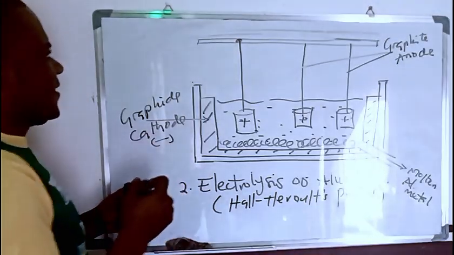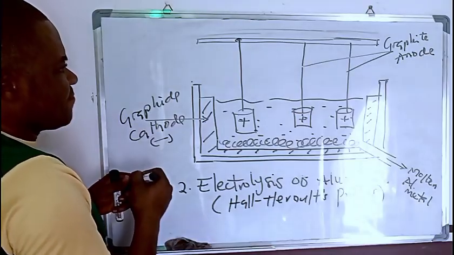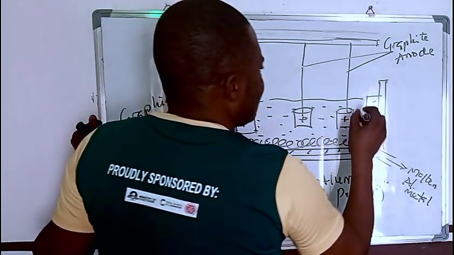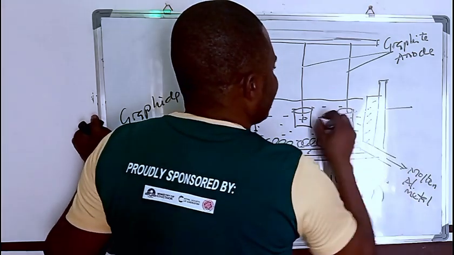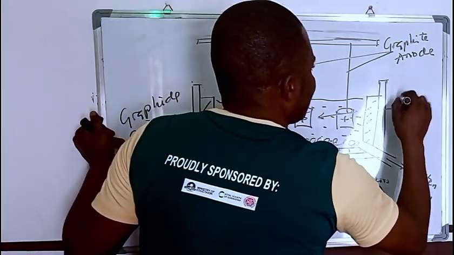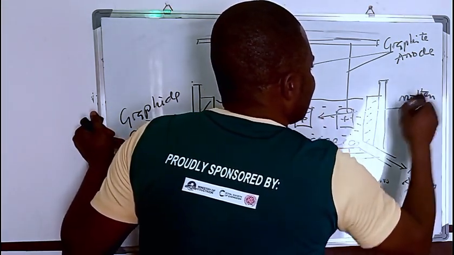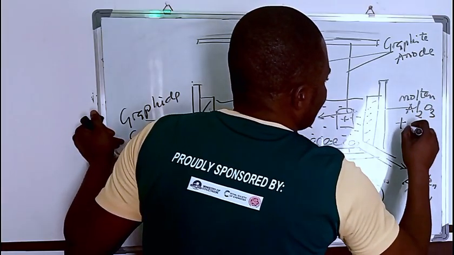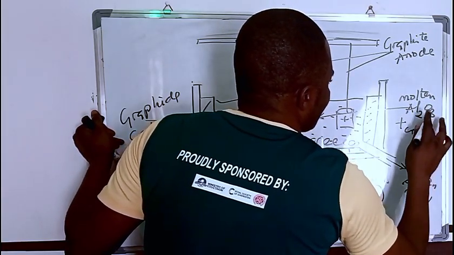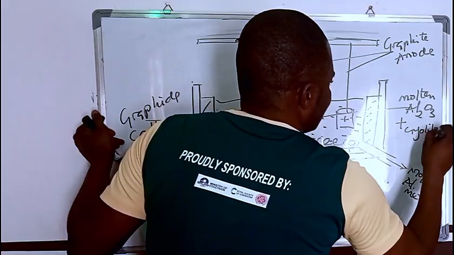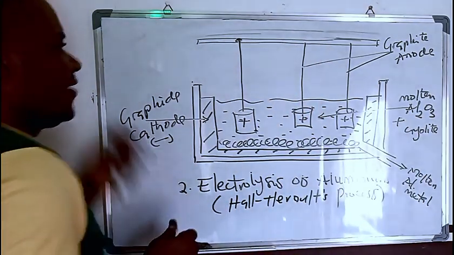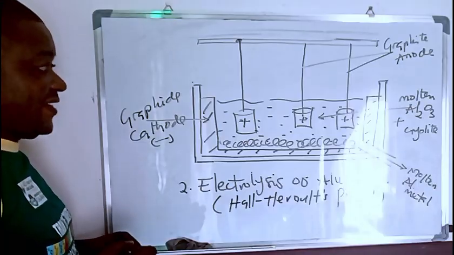Okay, and then this solution you find in here is actually molten aluminium oxide, which is the bauxite, plus molten cryolite. That is the solution you find in there.